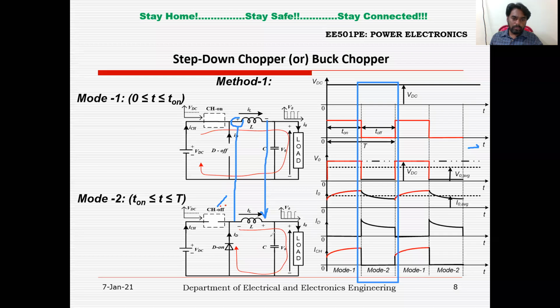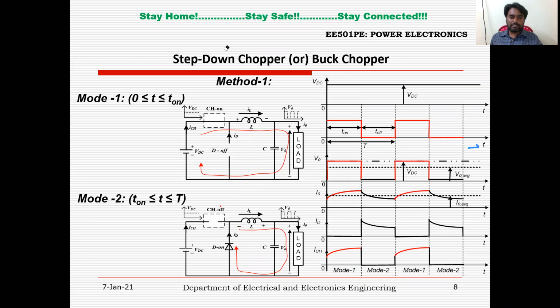So for this loop, the source is the inductor. The current is leaving from L positive to the load through the diode anode to cathode and L negative. So this is the direction of current which is flowing in this path, that is due to the presence of the energy stored in the inductor.